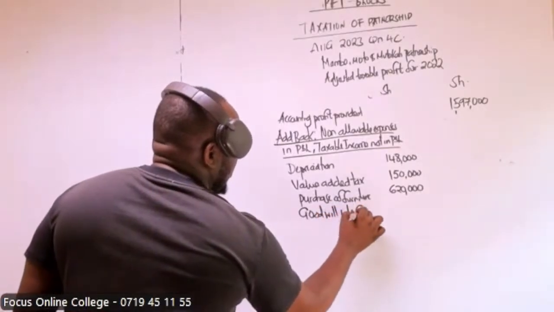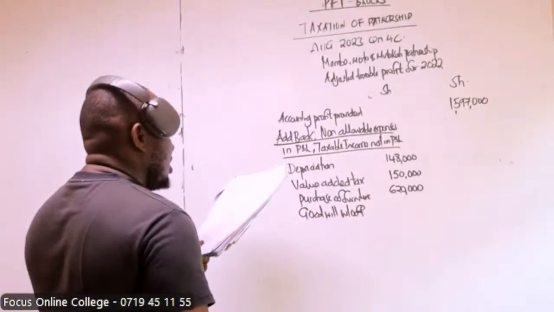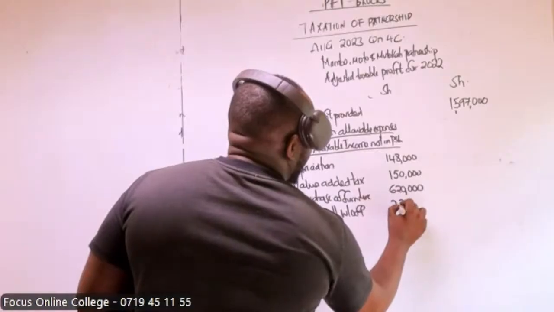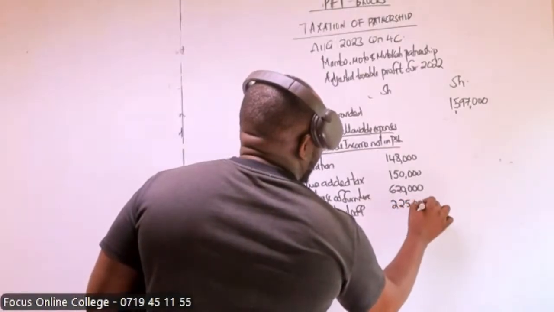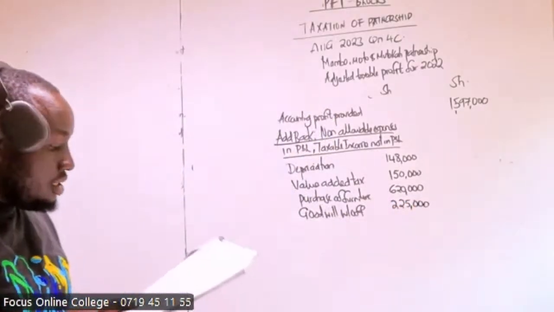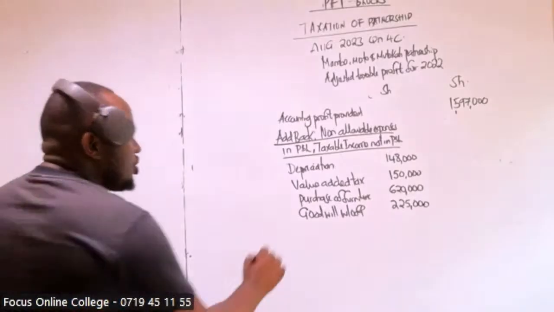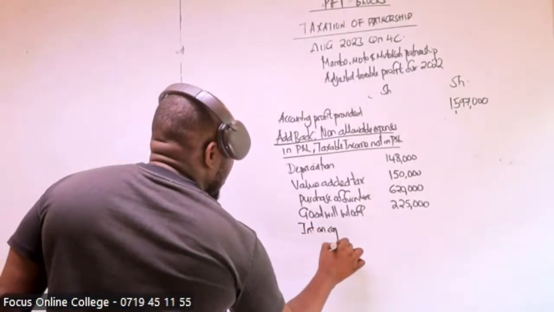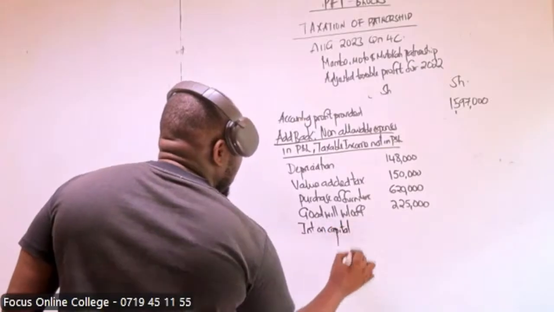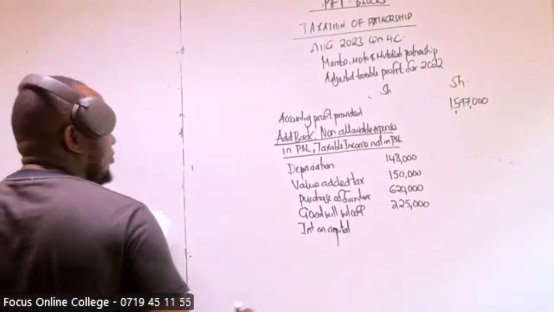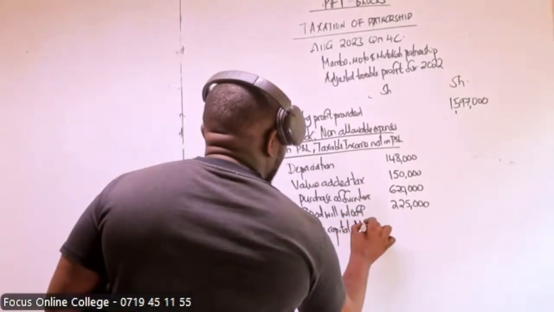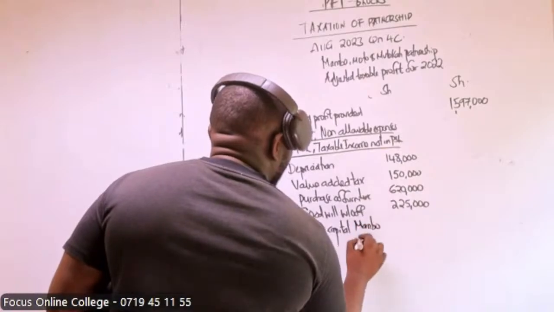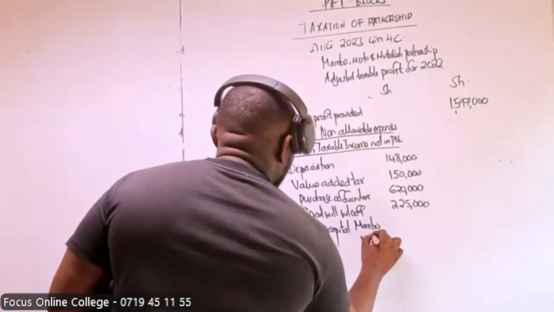For the goodwill written off, that is 225,000. Then you have interest on capital. Interest on capital. So we have Mambo and Moto.